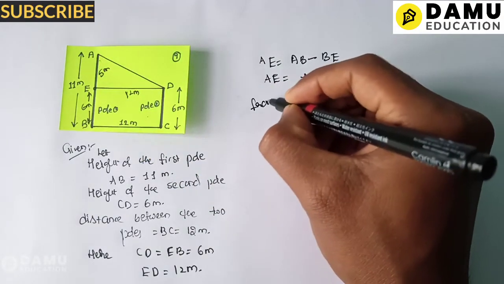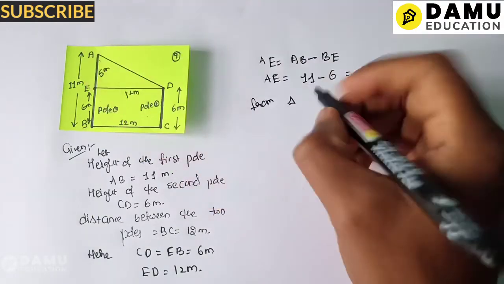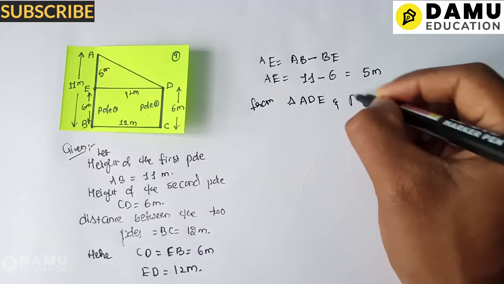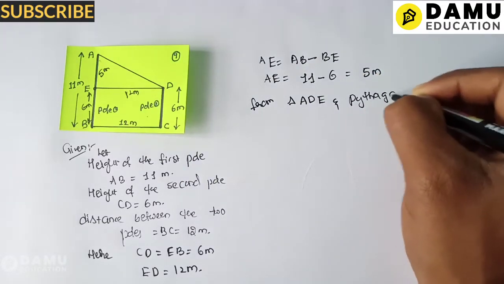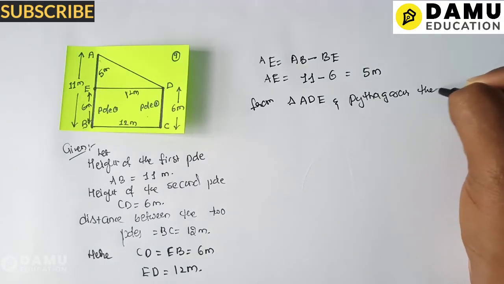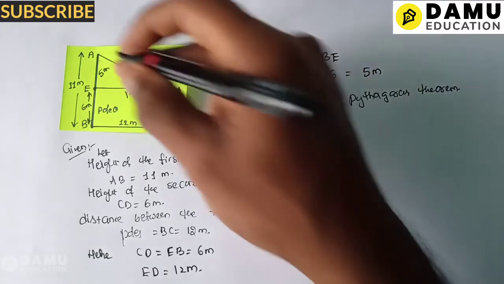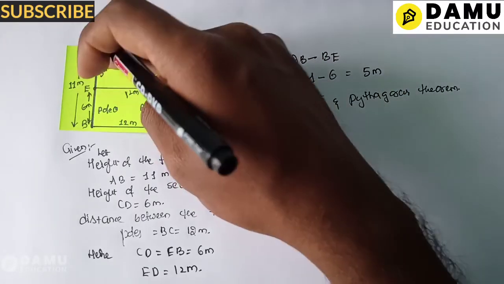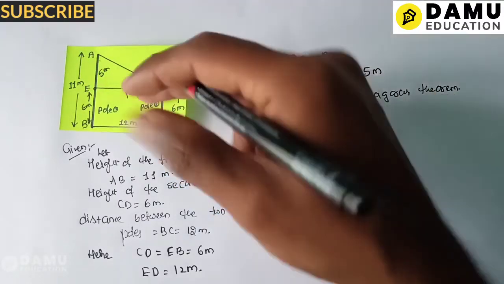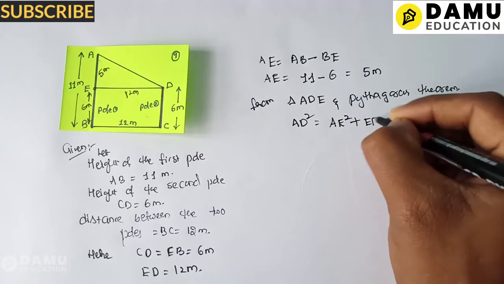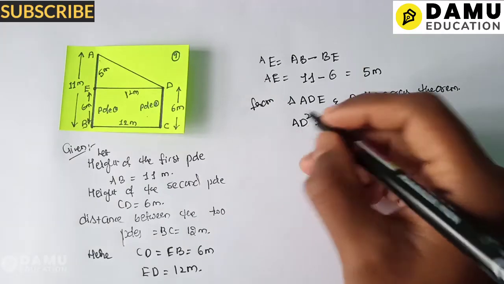So from triangle ADE, use the Pythagoras theorem. AD square, that is hypotenuse square, will be equal to the sum of the squares of the remaining two sides: AE square plus ED square. So AD we have to find.